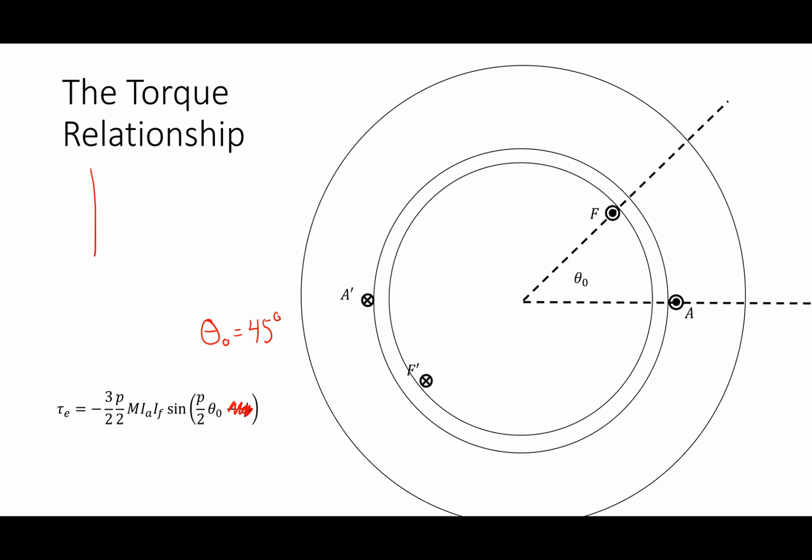All right, what does this say? It says basically the torque is a function of sine. That turns out to be a really important thing for stability. If I short circuit a motor, that becomes a problem. We're not going to talk too much about that piece.